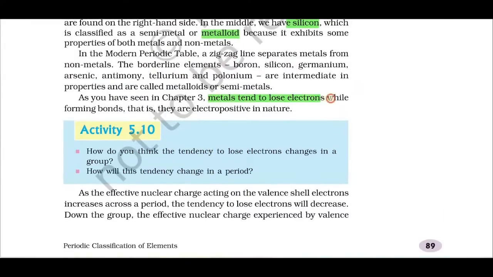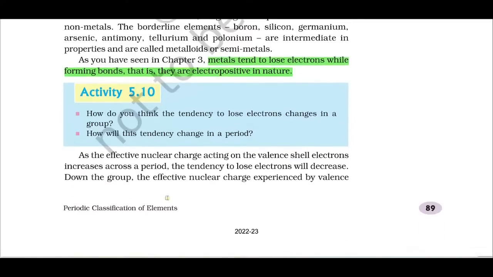The metals which tend to lose electrons while forming bonds are electropositive in nature. The metals which lose electrons are called what? Electropositive. As we move along the period, the electropositivity will decrease.